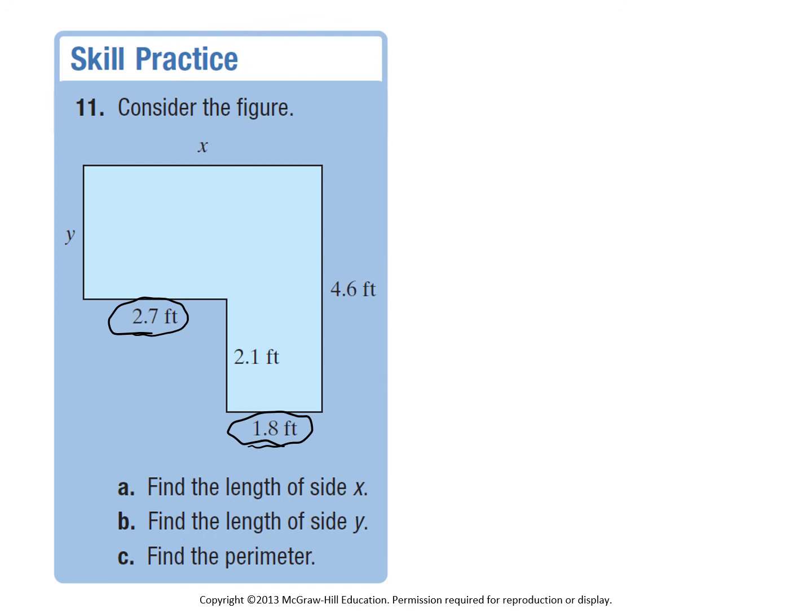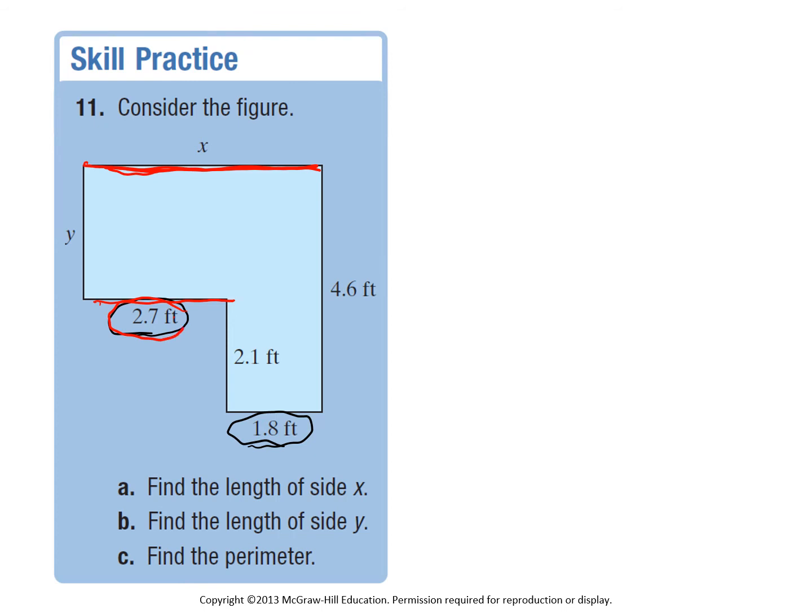So now I'm looking at this shape, and they're asking me to consider this figure, and then they want me to start by finding the length of side X. And remember, when you're looking for a horizontal piece, you only use the other 2 horizontal pieces.